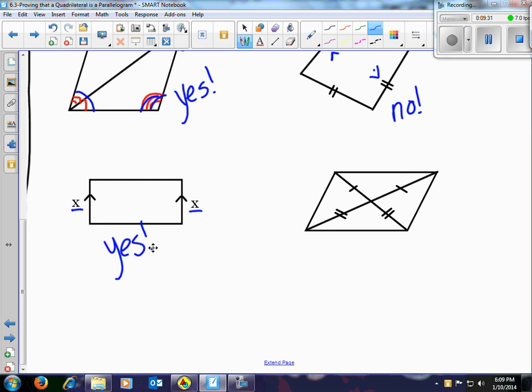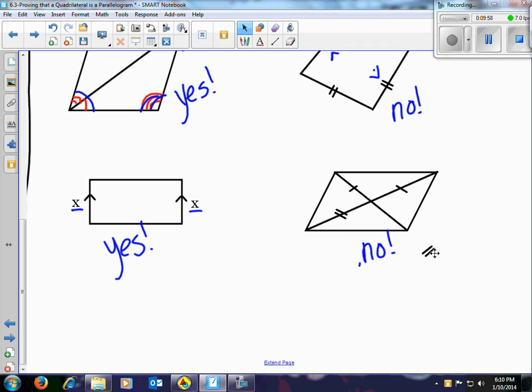So yes, this is a parallelogram. And lastly, the theorem that has to do with diagonals says that our diagonals bisect each other, which means this line here should be cut directly in half by this line. So if I have 1 tick mark and 2 tick marks, then this is not congruent to this, which means no, this cannot be a parallelogram.